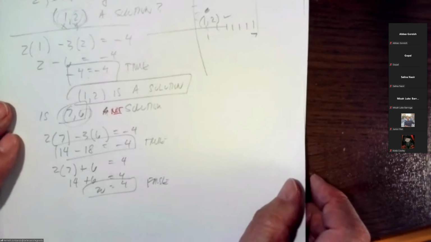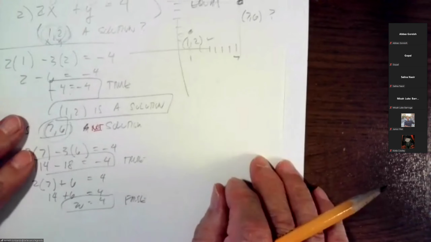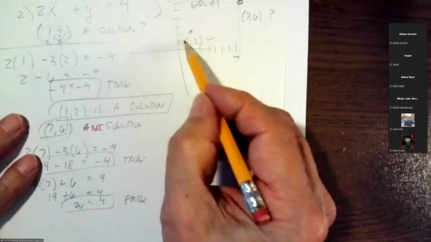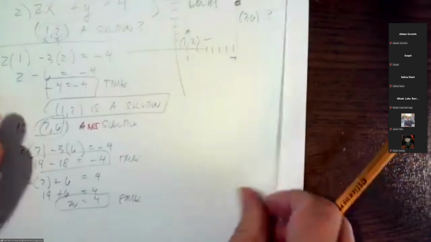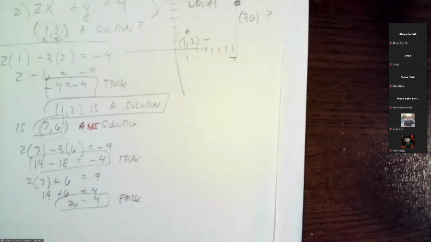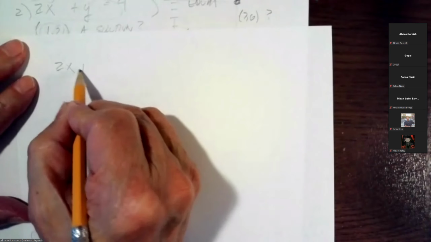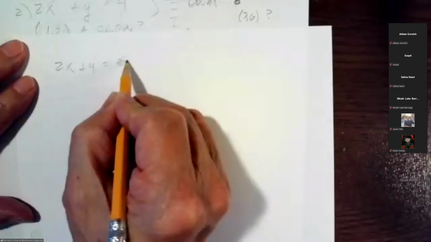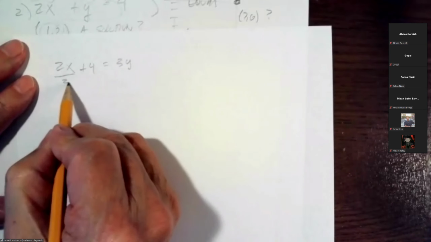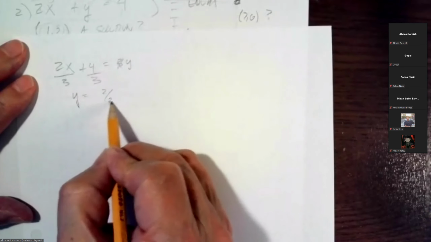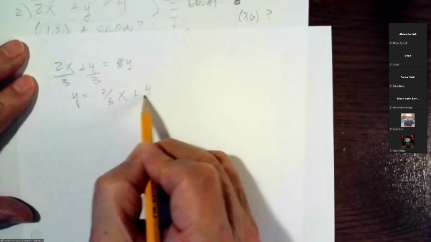So it has to cross through both equations in order to be true. Yes. Here we're saying that if we were to graph the lines, we would solve each of these for y, wouldn't we? We would say, if we do the first one, 2x plus 4 equals 3y, divide through by 3, and we get y equals 2/3 x plus 4/3.